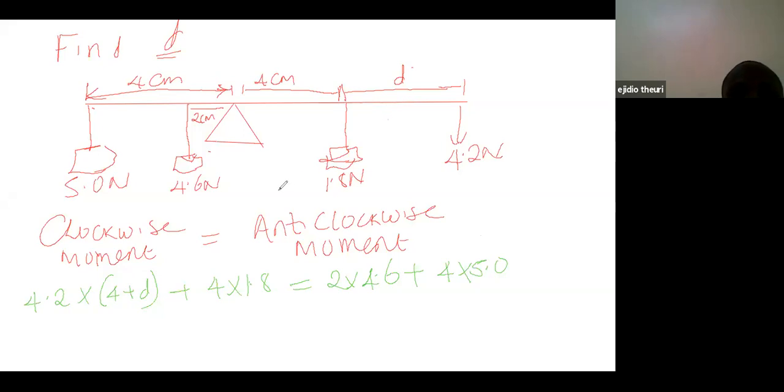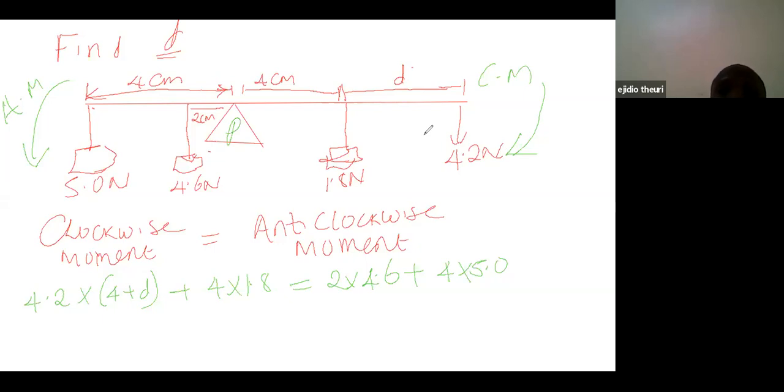So if I look at the clockwise movement, this is clockwise, when I'm moving like this, and that is anti-clockwise. Ensure that all the distances are measured from the pivot, this being our pivot here. The distance for the first moment, which includes D, is 4 plus D. Don't be confused and take the distance as D only, because that is not the pivot.